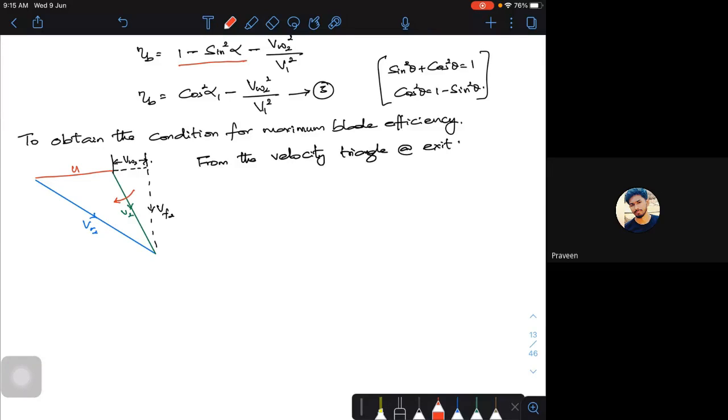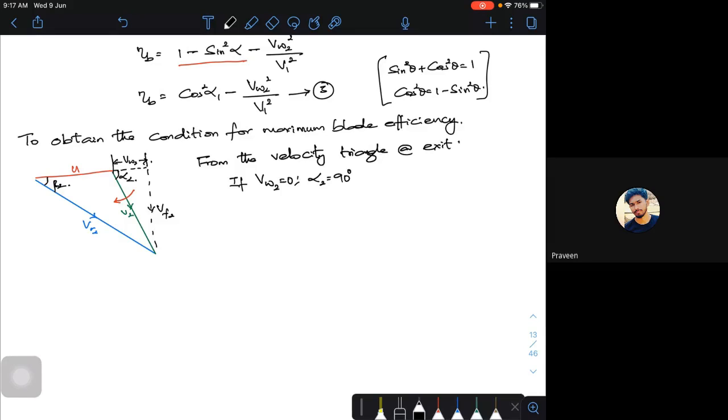So this is my alpha 2, this is my beta 2. From the velocity triangle, if VW2 is equal to 0, then alpha 2 should be 90 degrees. I have to push this so that this becomes exactly perpendicular.